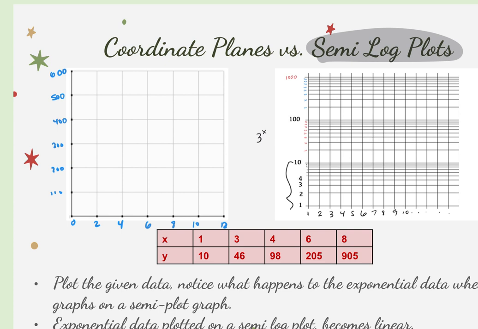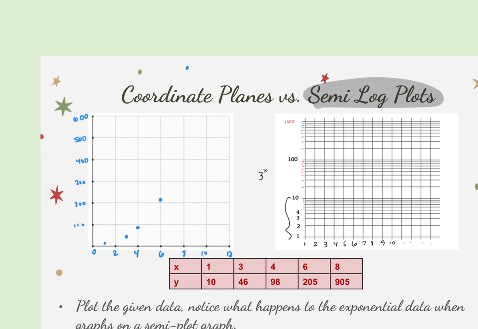So then 110 is going to be just above your x-axis. 346 is about halfway. 498 is right under that first tick mark. 6205 is just above 200. 905 is going to obviously be way up here.